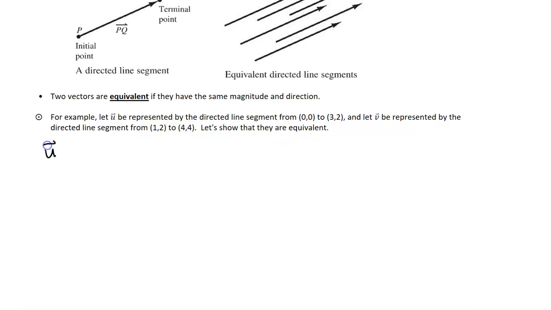So u is going to go from (0, 0) to (3, 2), and v is going to go from (1, 2) to (4, 4). So I'm going to show that their magnitude is the same, and I'm going to show that their direction is the same.